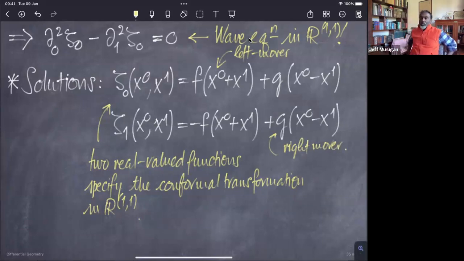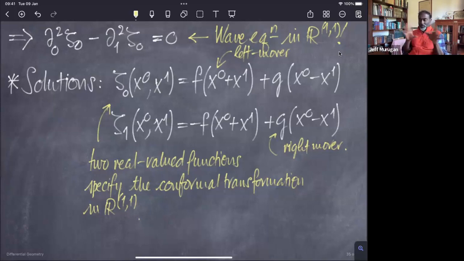And you'll recall that in two-dimensional Euclidean space, we found that actually, it was an enormous symmetry that was specified by any holomorphic function. And that's matched in the two-dimensional Minkowski space by the fact that these functions f and g are completely arbitrary, right?